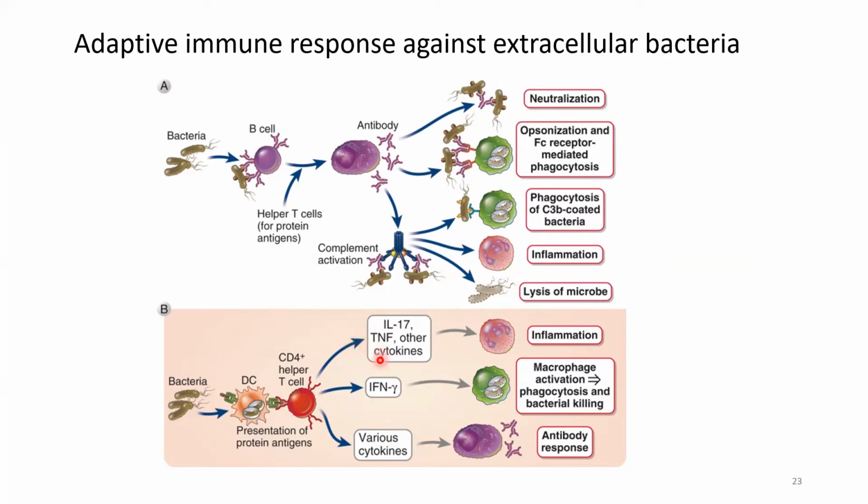We get TNF alpha and other cytokines in order to induce inflammation. T helper cells also release interferon gamma that facilitates the phagocytosis mechanism of phagocytic cells to kill bacteria. And T helper cells can release a number of cytokines to facilitate the differentiation and proliferation of B cells to develop into plasma cells and produce antibody.